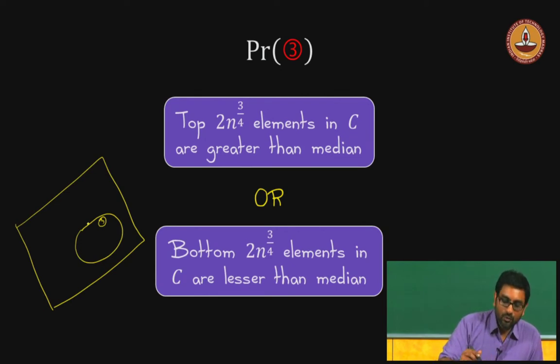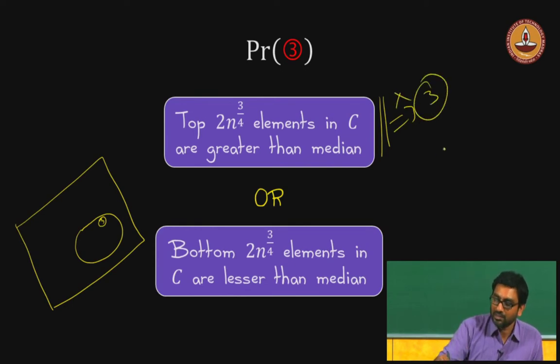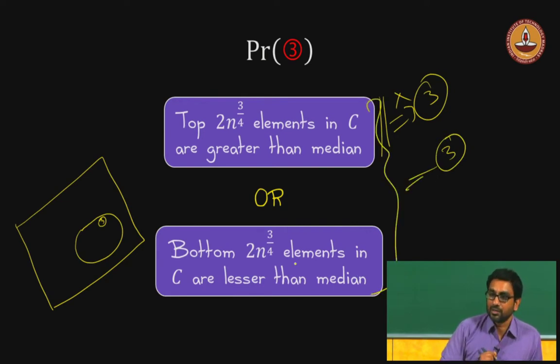So, what we can say is, we cannot say that if this were to happen, that implies 3, that we cannot say, but what we can say is if 3 were to occur, then one of these 2 occurs.